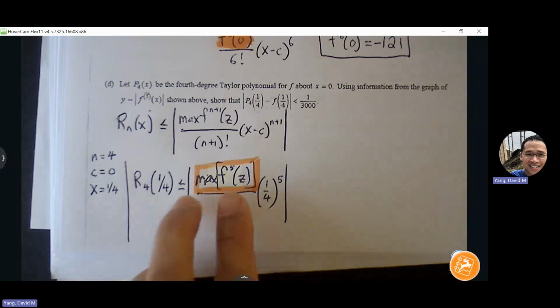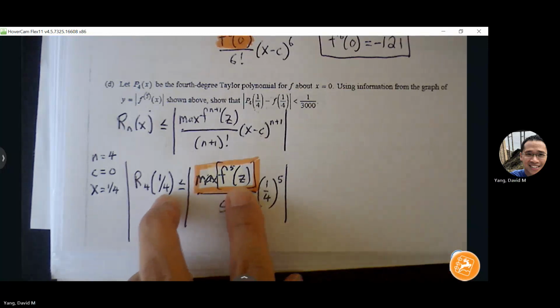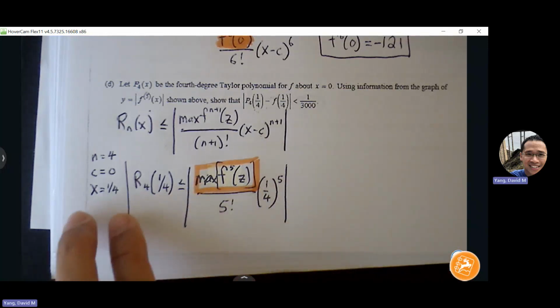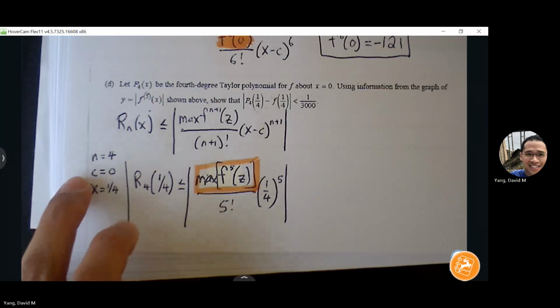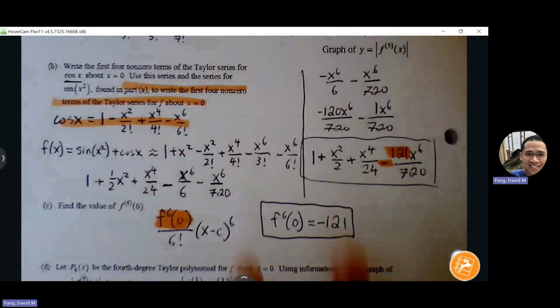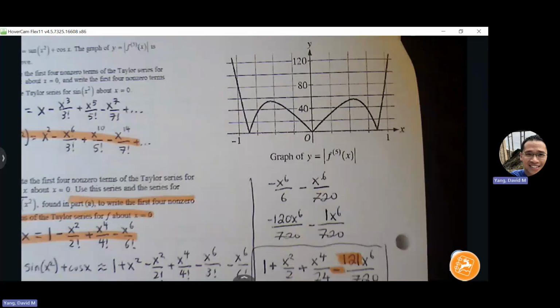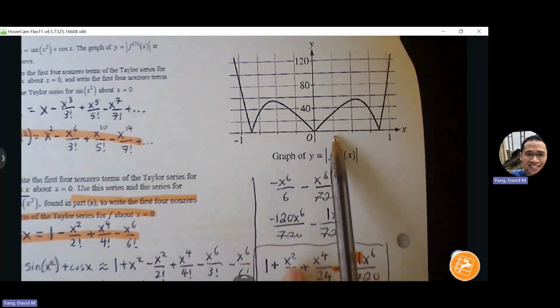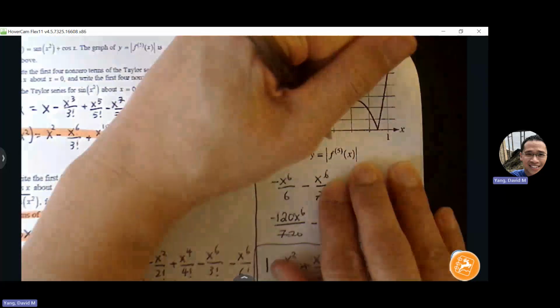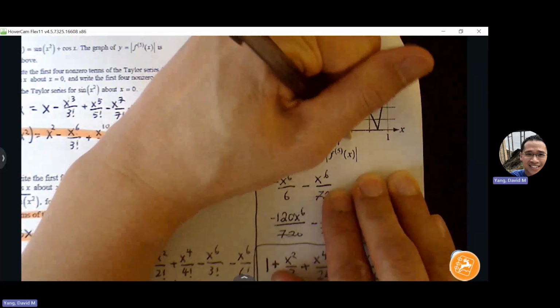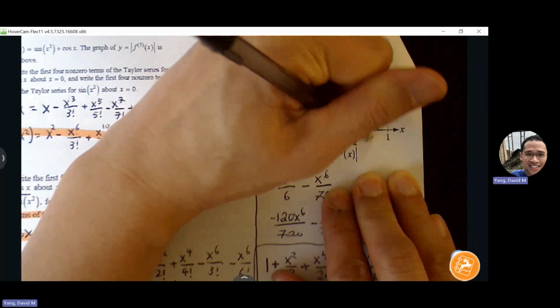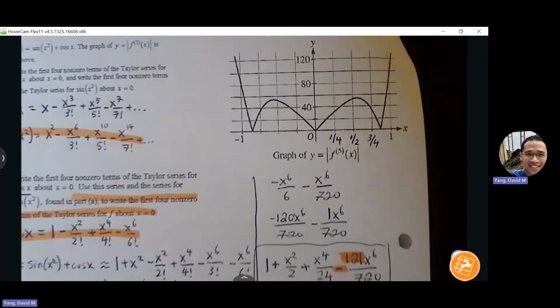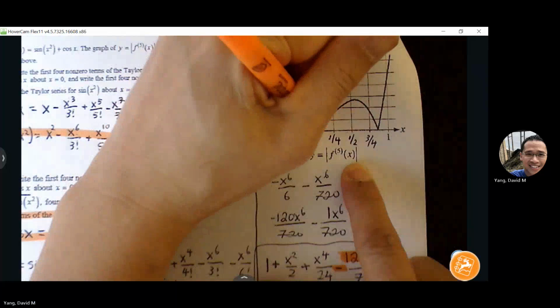So we want to find the maximum value between what? 0 and 1/4, okay. Now, how is this scaled here? By 1/4, right? So this is 1/4, this is 1/2, this is 3/4. So basically, we just have to look at between here and here.